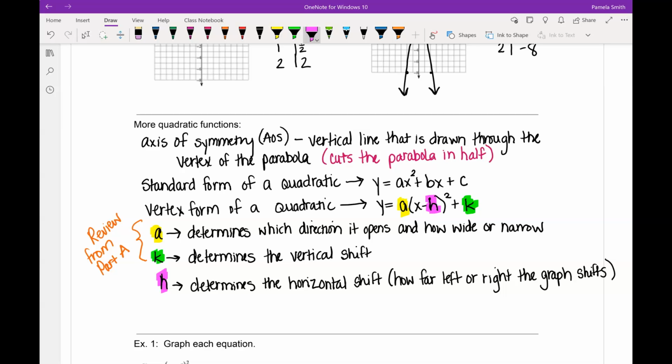And now h and k together also have a relationship as an ordered pair. So the ordered pair (h, k) is the ordered pair representing the vertex of the parabola.